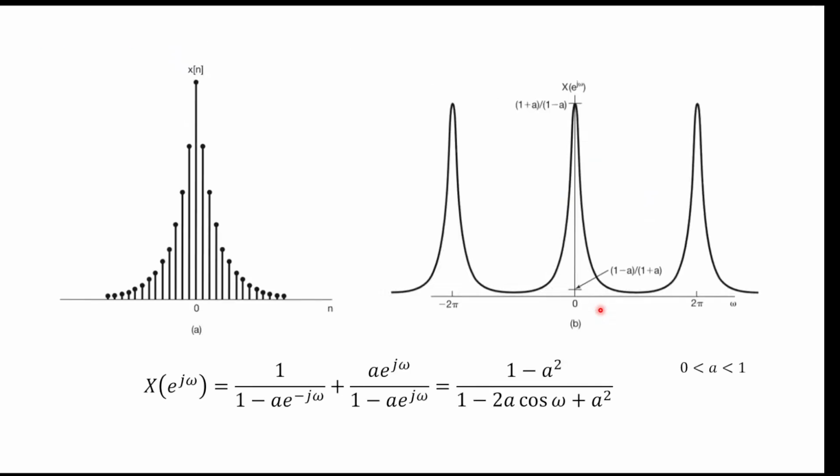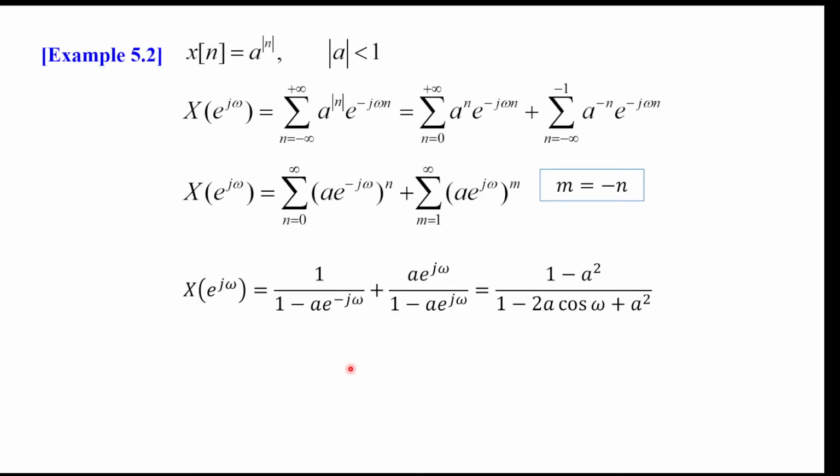Okay. And we see that when a is greater than 0, we have this signal. Big X is now a real function, and it's related to the symmetry property that we saw in chapter 4, because it's now a real and even function.